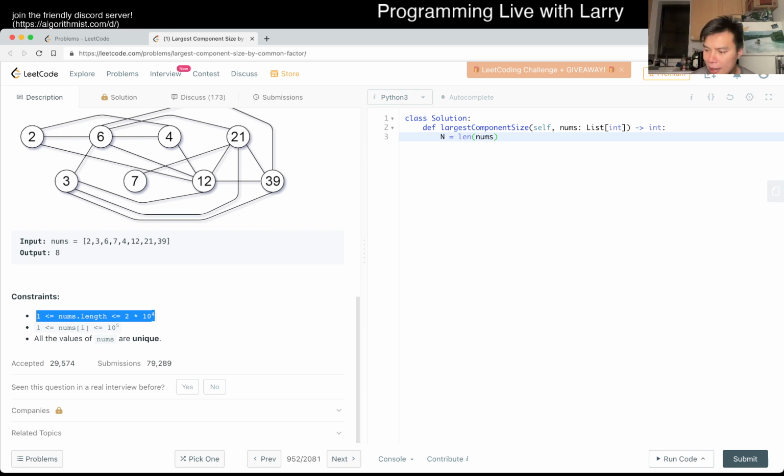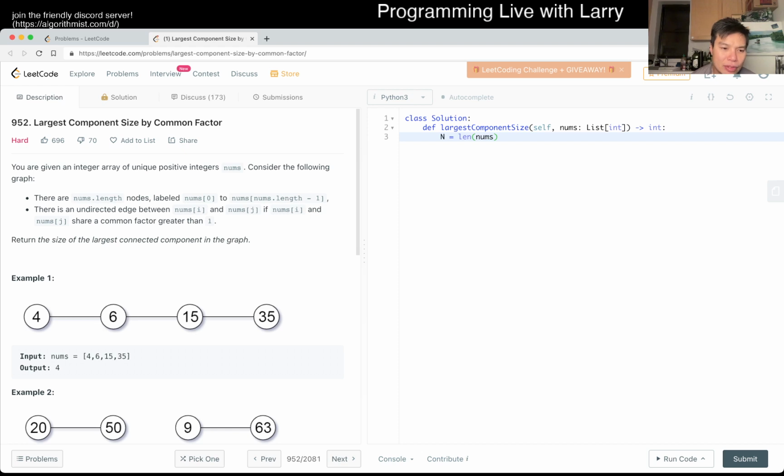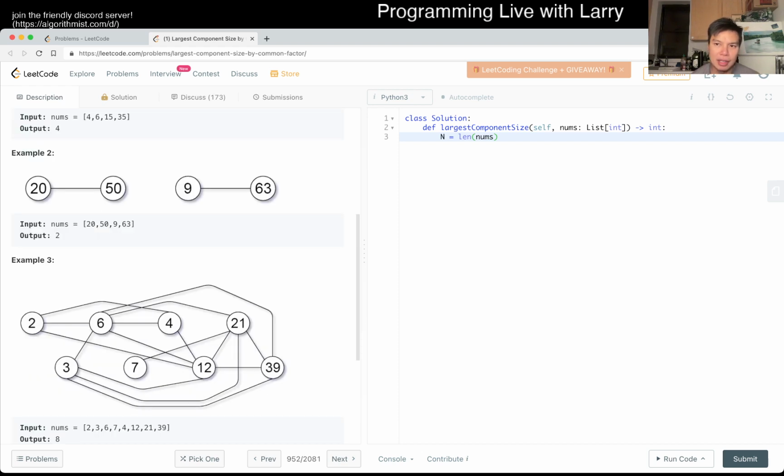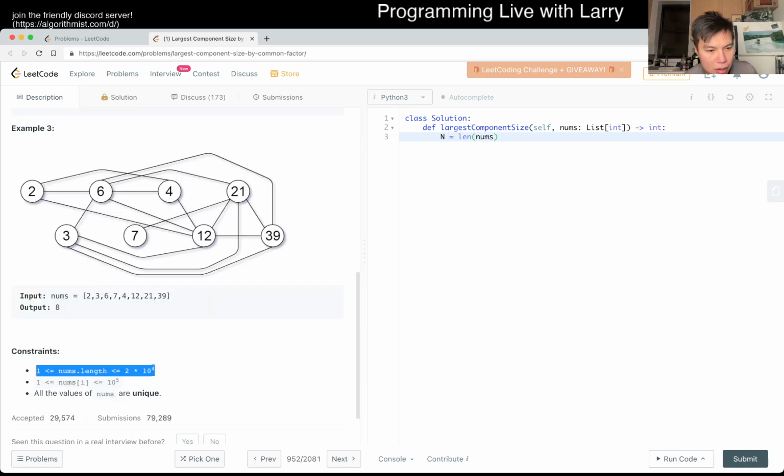And then you think about all these components, and instead of looking at each node as a thing, you think about the equivalence classes.